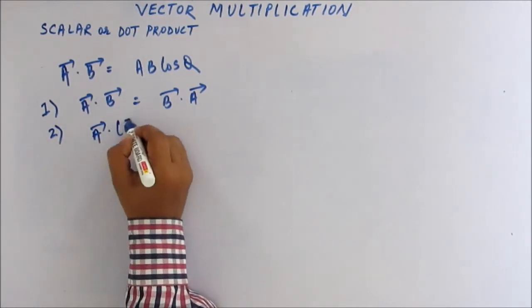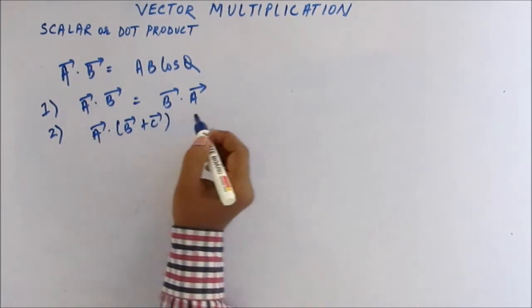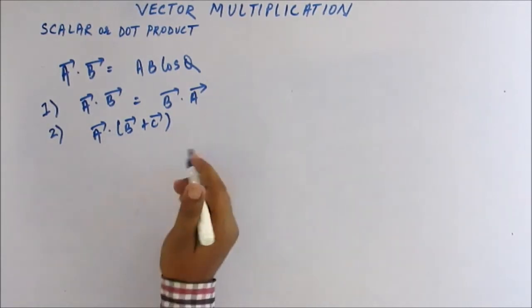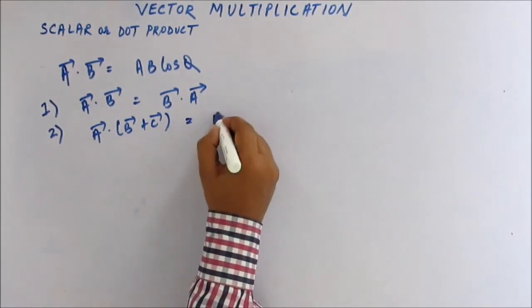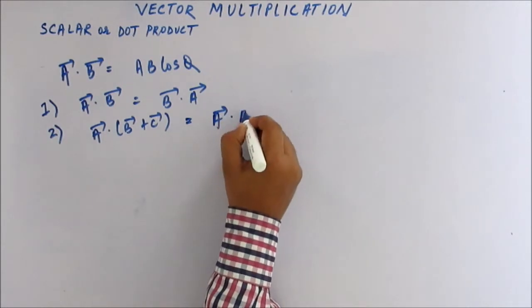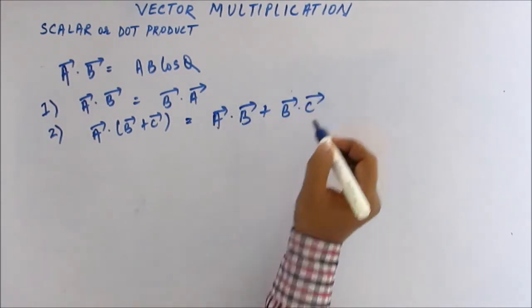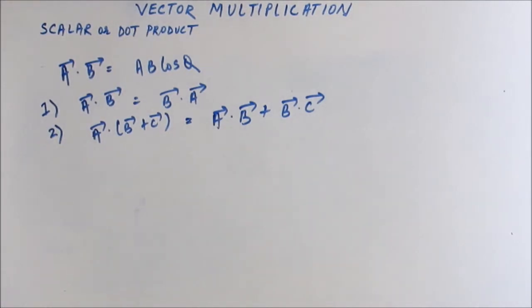Now this you will have to think about. A vector dot (B vector plus C vector) would be the same as A vector dot B vector plus A vector dot C vector. Now you can have a feeling of this, you can analytically think, but I'm not giving you any proof. You can cite instances and cross check this.